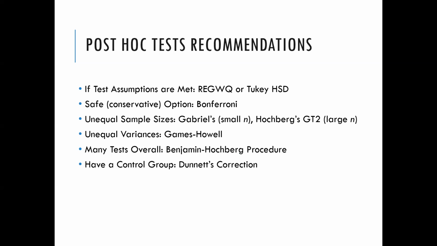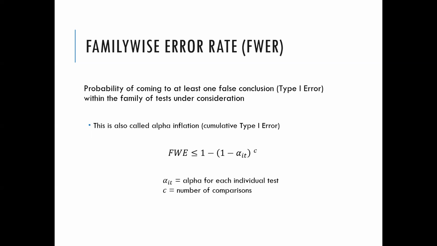If we have unequal sample sizes, we can use Gabriel's test for small sample sizes or Hochberg's GT2 for large sample sizes. If we have unequal variances, we can use Games-Howell. If we had to conduct many, many tests overall, then we might use the Benjamini-Hochberg procedure. And if we have a control group, then we might choose to use Dunnett's correction. I'll talk about some of these in a little bit more detail.